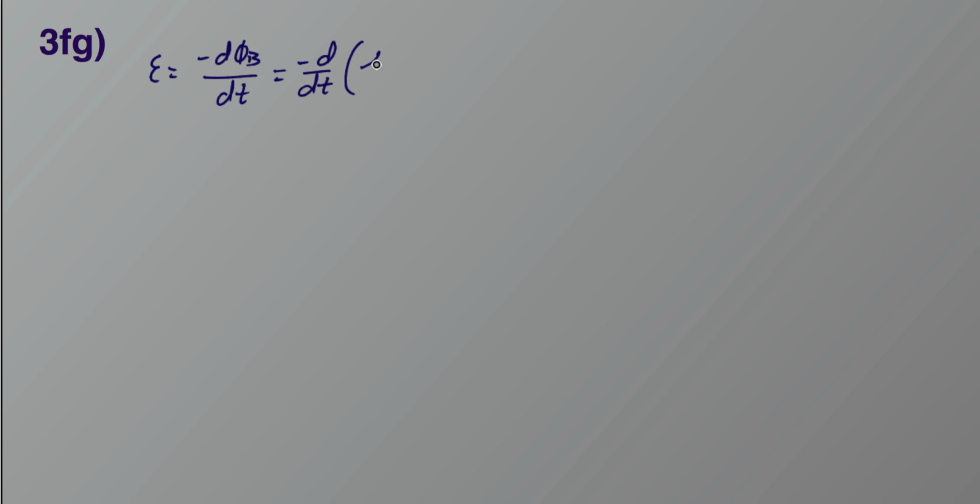We have mu naught I naught L times 1 minus kt over pi times the natural log of d plus w divided by d. That looks a little scary, but notice this log is a constant, mu naught I naught L over pi, all constants. Our only variable in there is that t. So that's not nearly as bad as it looks if we pull out the constants.